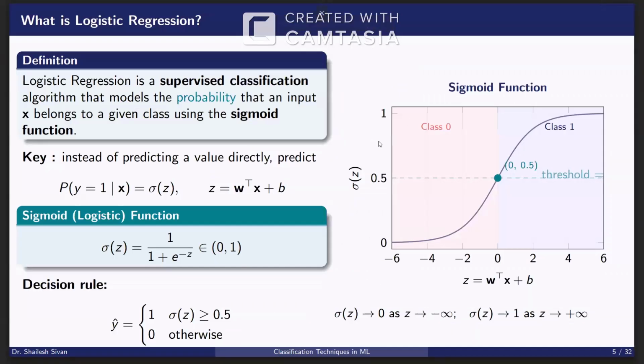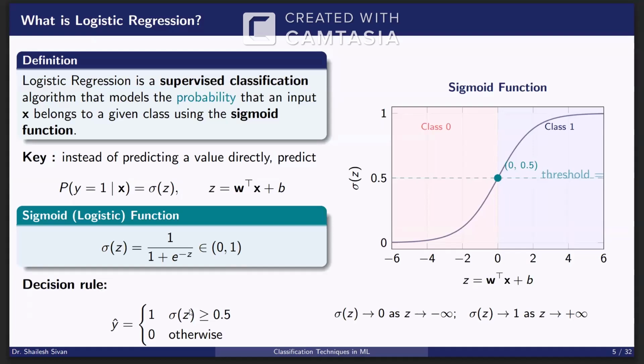So instead of predicting a direct value, it predicts a probability, y equal to 1 given x, which is equal to sigmoid of z. And z is nothing but w transpose x plus b. This sigmoid or logistic function maps every output z to between 0 and 1.